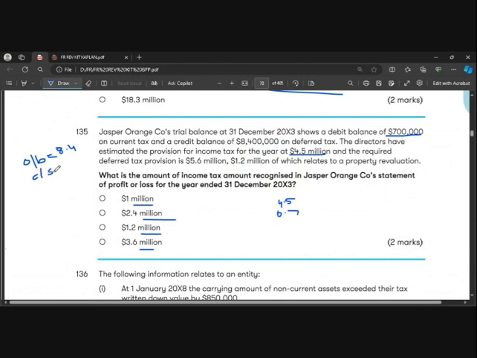Now, when finding movement in deferred tax, there are some adjustments here, because this 5.6 includes 1.2 million of property revaluation. So when you're finding movement in deferred tax, you should not include that. So find me the movement in deferred tax.